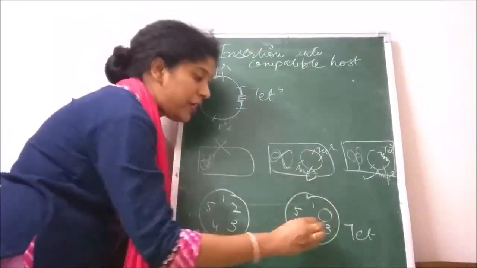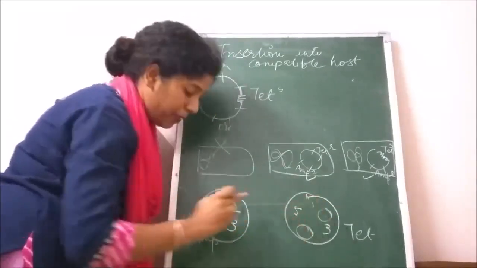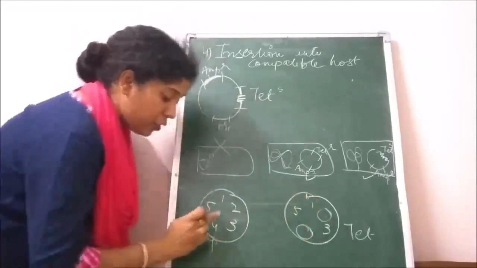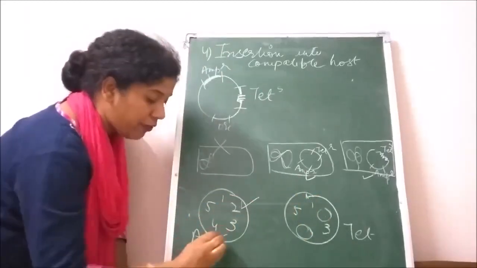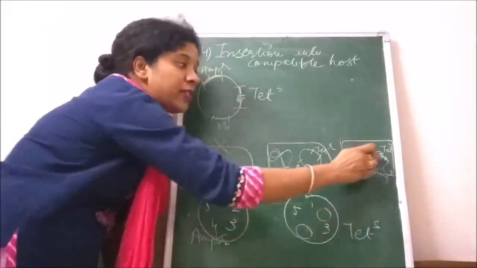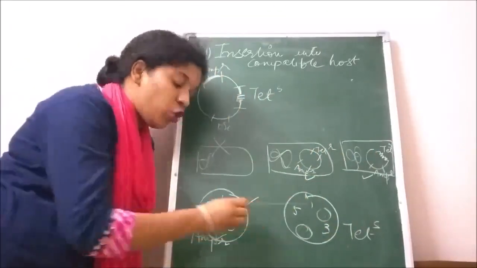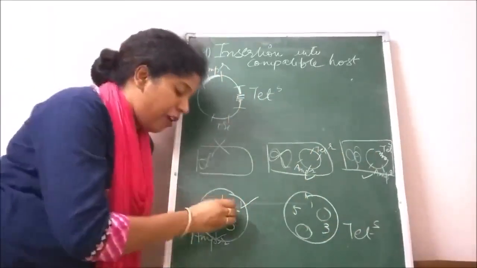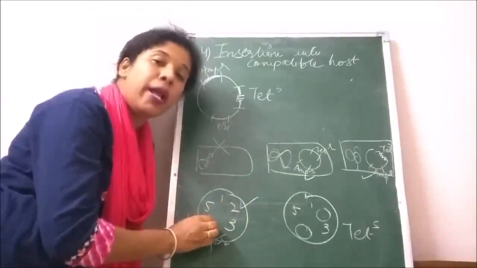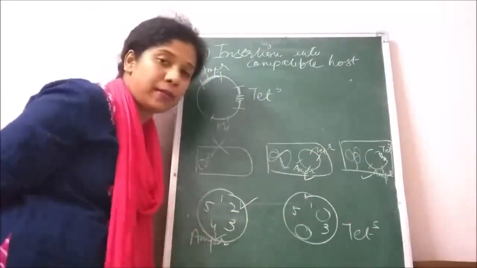Because these 2 colonies were perhaps sensitive to tetracycline, therefore they didn't grow here, but they grew on the ampicillin plate. That means colonies 2 and 4 were ampicillin resistant but tetracycline sensitive because of the insertion of the foreign DNA in the tetracycline resistance gene. So we have to go back to the ampicillin plate and pick up colonies 2 and 4, and these are the colonies which have the recombinant plasmid.